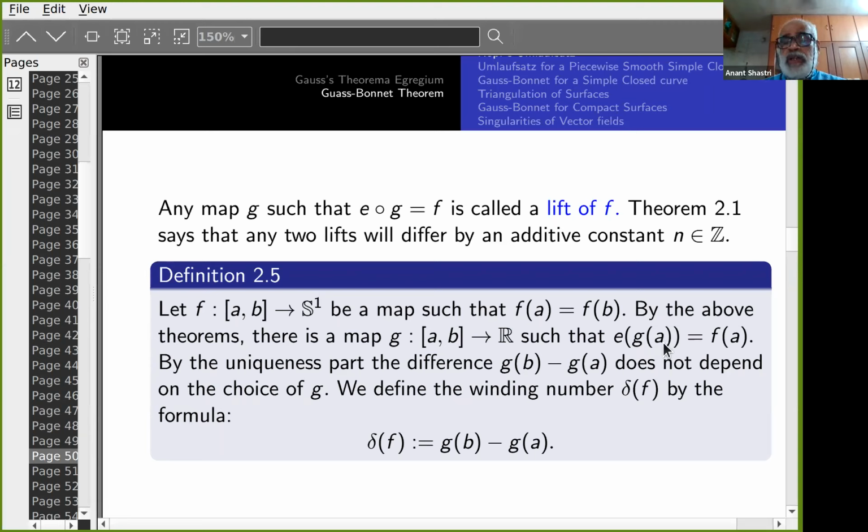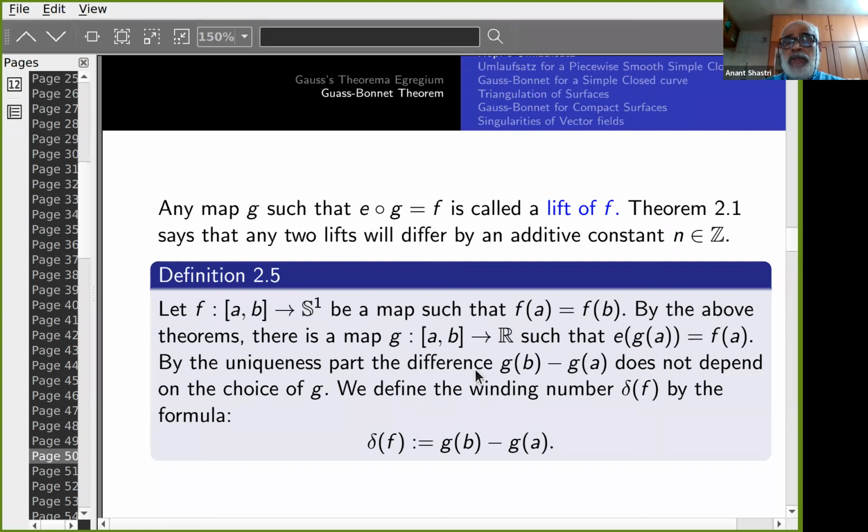For each of them, you will get a g, unique. The moment you choose this one, there is a unique map such that e of g(x) equal to f(x) for all x.